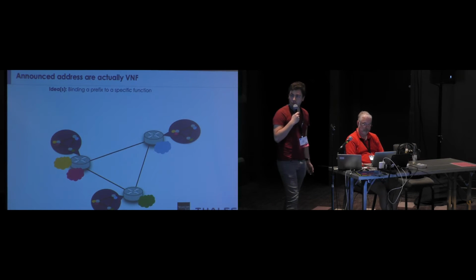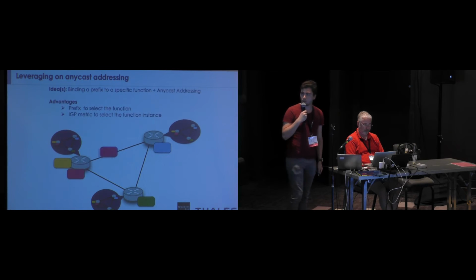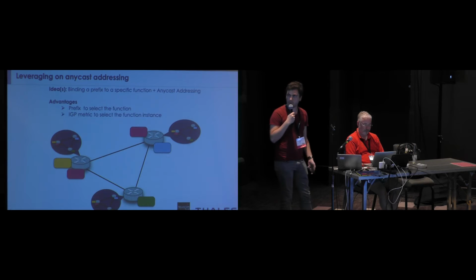What we propose is to bind some prefixes to specific functions such as firewall and IDS, allowing the routing protocol to route flows through the functions, and to use anycast routing to use the IGP metrics to select the function instance.